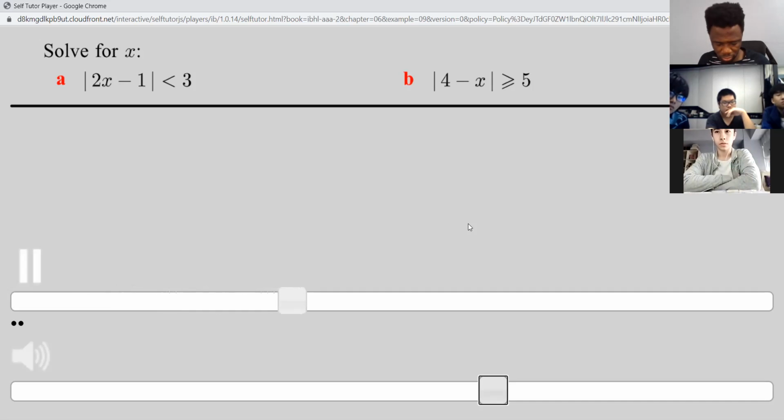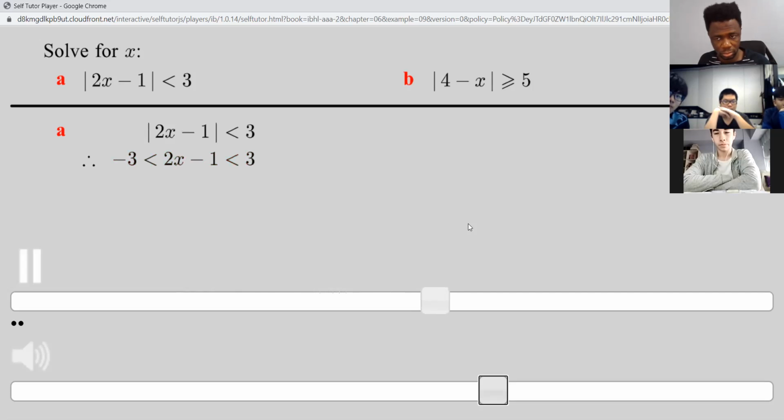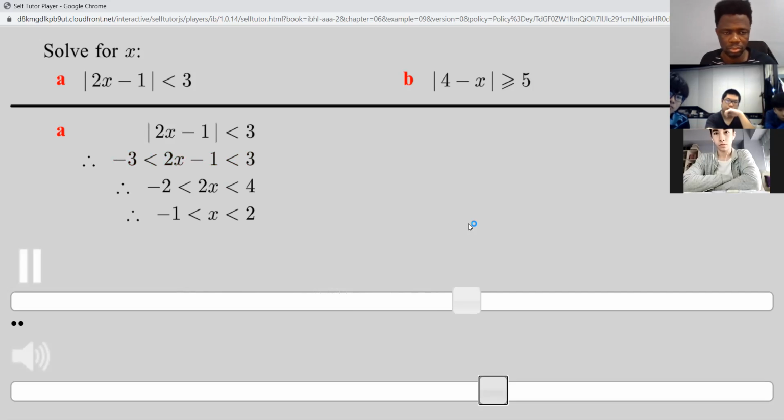We can solve these inequalities by separating the inequality into two pieces. To do this, think about the meaning of the absolute value function. In part A, the distance from 2x minus 1 to 0 is less than 3. So 2x minus 1 must lie between minus 3 and plus 3. We add 1 throughout, then divide throughout by 2, which we can do because 2 is positive. So x can take any value between minus 1 and 2.